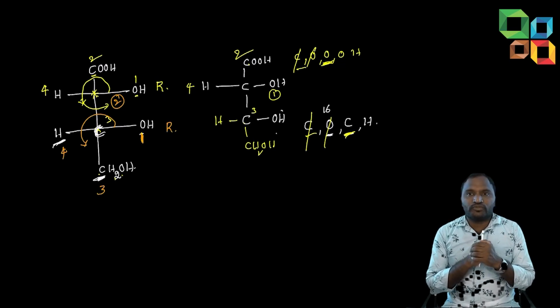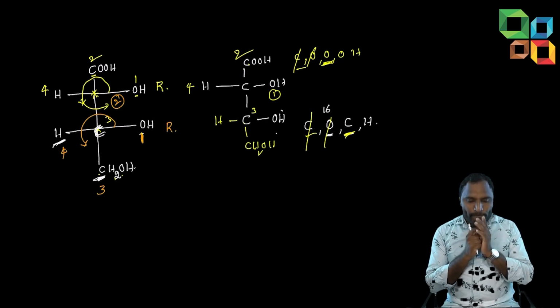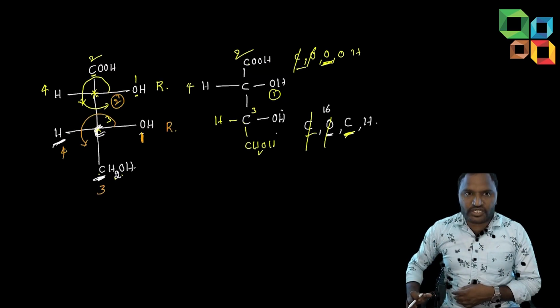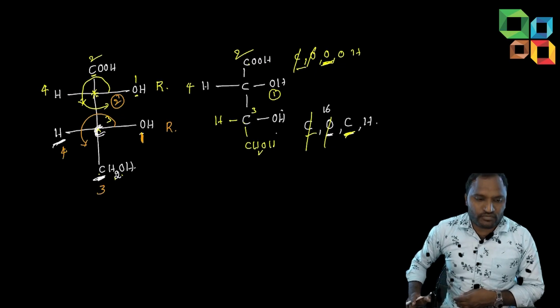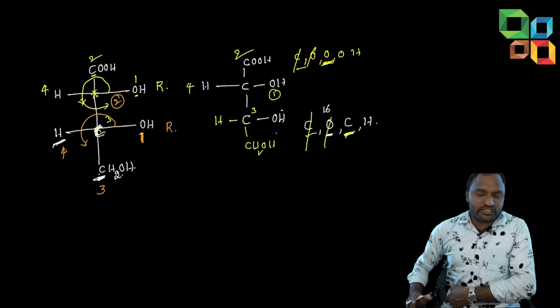Understood, students? Shall I go to reactions, since this optical isomerism is over? Shall I give one more with 2 chiral centers?